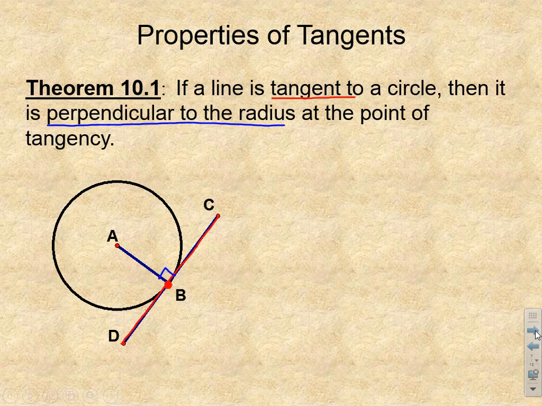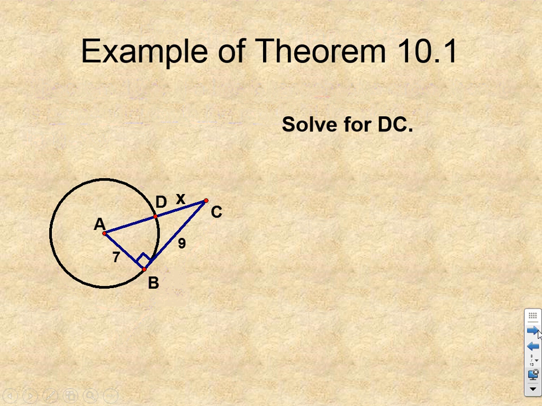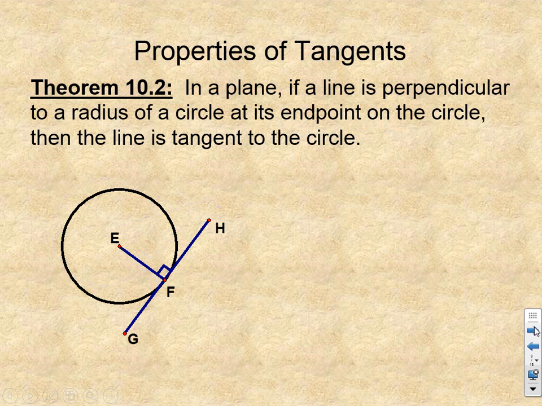Okay? So on your note sheet, I want you to rewrite that, but please put it in your own words. Okay, and then draw the picture to where it's going to make sense to you. Okay? Theorem, and I'll come back to these examples. Theorem 10.2.